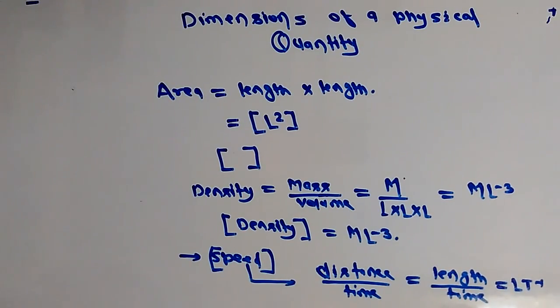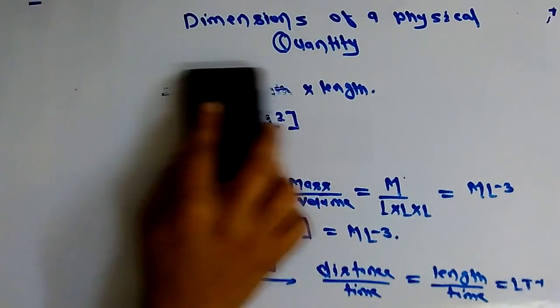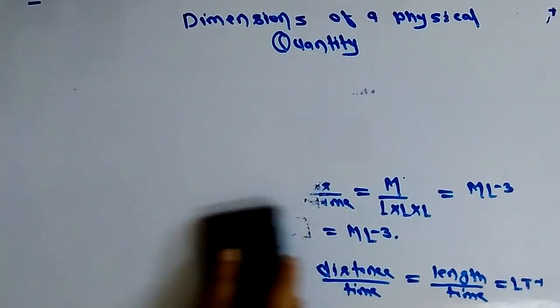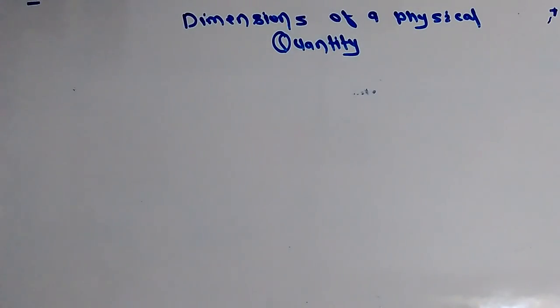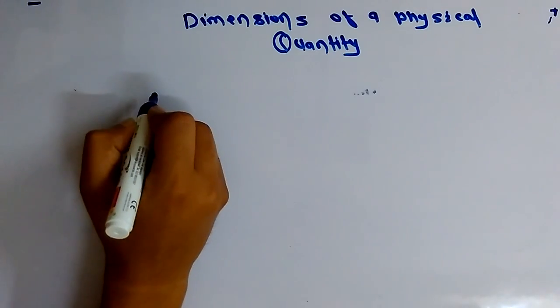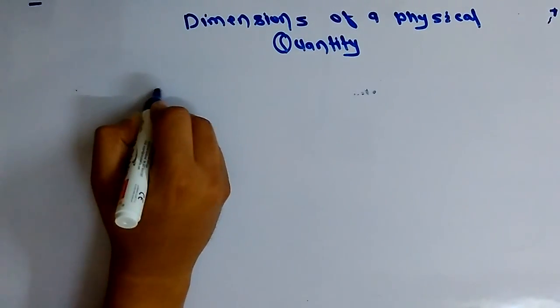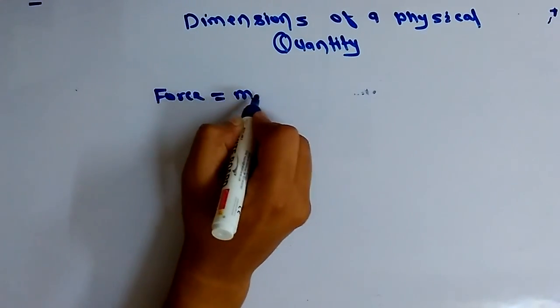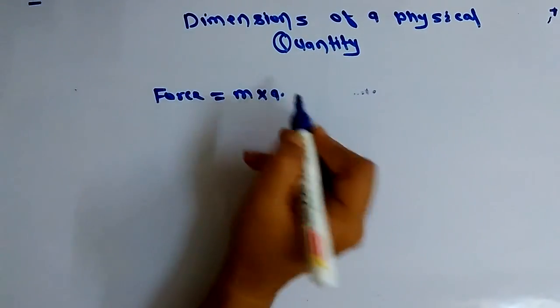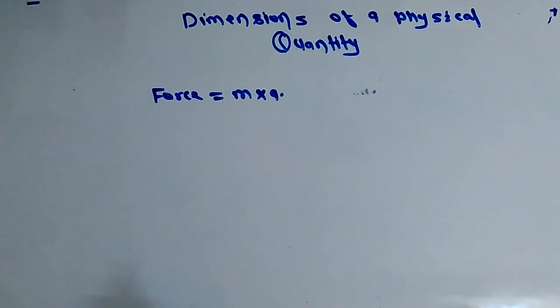Let me write the dimensions of other quantities. Suppose you have to write the dimension of force. First of all you have to write the formula. The formula of force is mass into acceleration. We will study all these things in further classes.